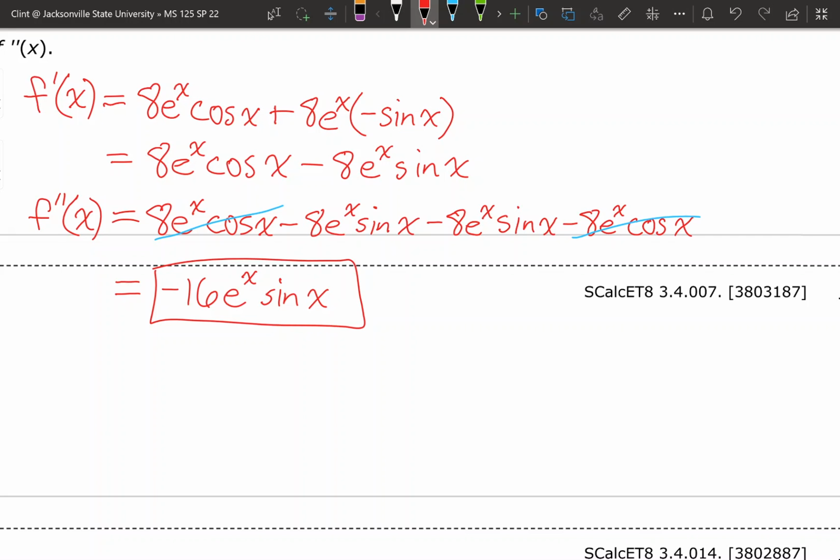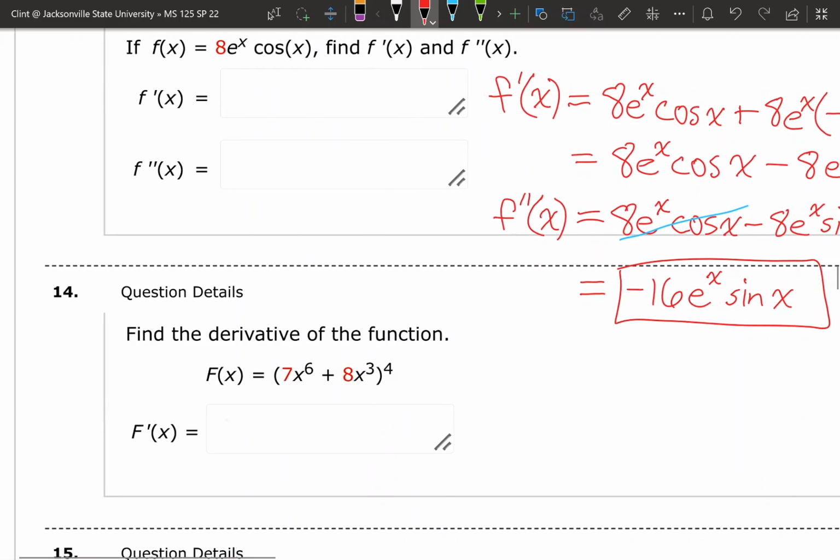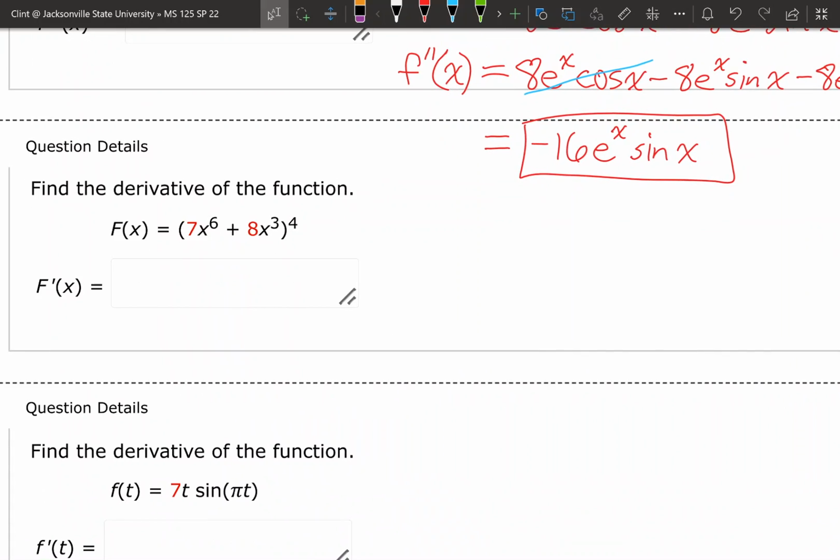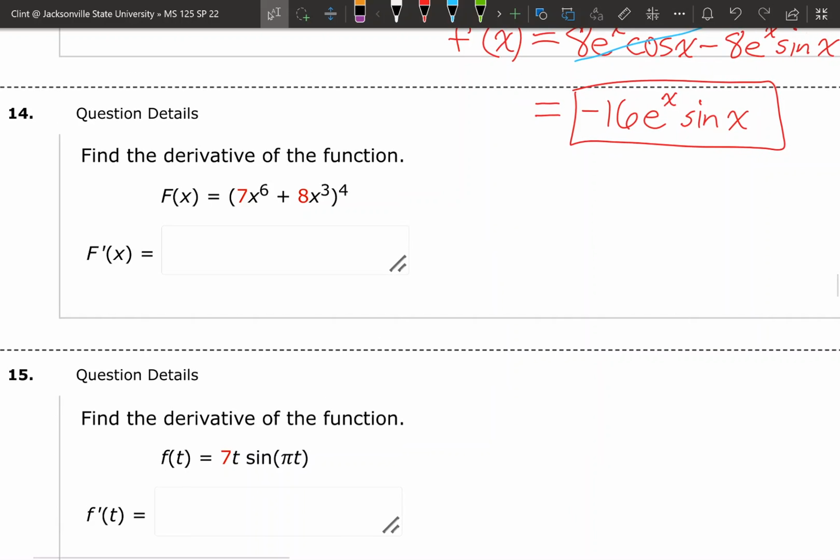Okay. 14. Want the derivative. What tool do we need here?